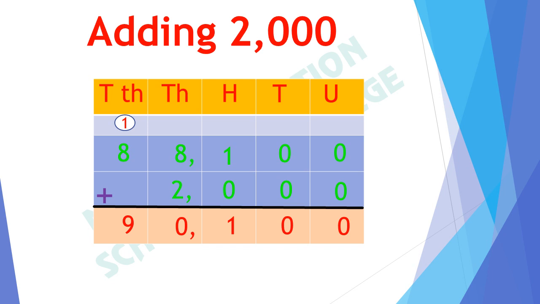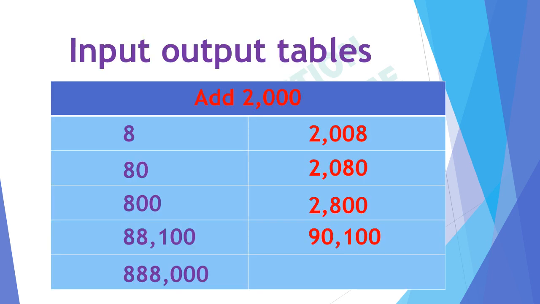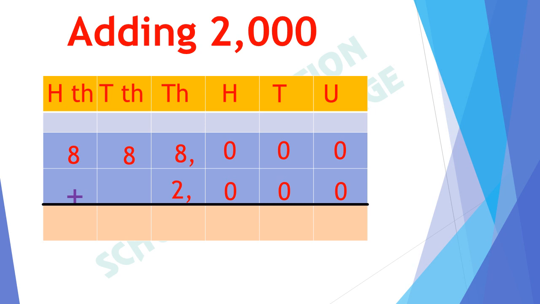It means if we add 88,100 and 2000, we get 90,100. In 88,100, if we add 2000, we get 90,100.